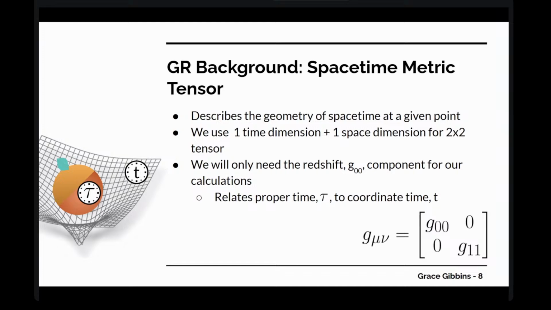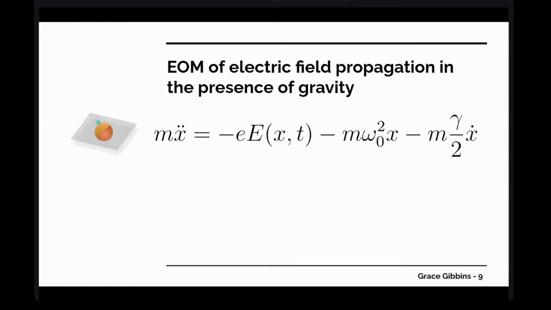Also in our case, we are assuming that the off-diagonal elements are 0. So this g00 term relates our proper time to our coordinate time. From your relativity class, you might remember your coordinate time is just on the actual coordinates, and your proper time is from the observer on our coordinate.